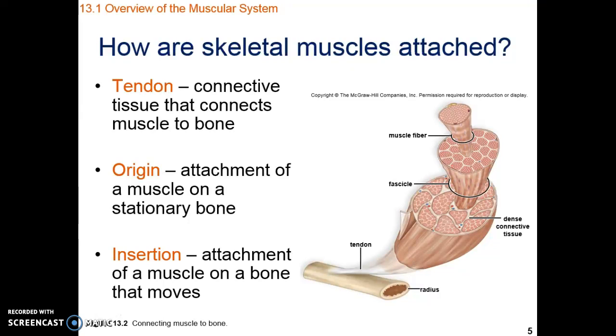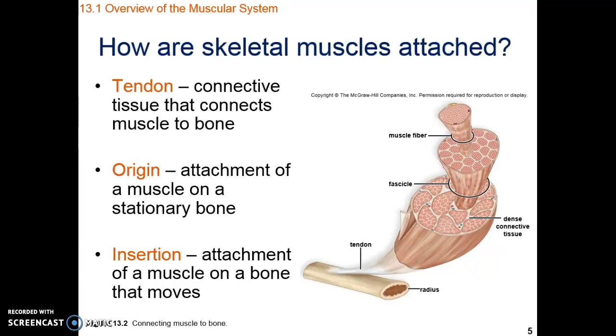So how are skeletal muscles attached? They're going to be attached through a tendon, and you see a picture of that here. And you may not see very many of these in real life. In terms of human tendons, hopefully you never see your own, because that means you have a pretty deep wound. But you can observe these in meat that you eat, whether it's chicken, whether it is different cuts of beef.